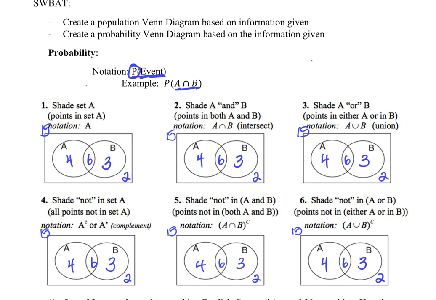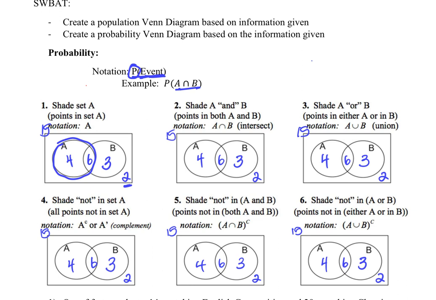The A circle is all the elements that occur in event A, like can ski, and B would be can rollerblade, and those are the number of people that can do that. Out here is the ones that can't rollerblade or ski, and this number right here is the total number of people that were surveyed.